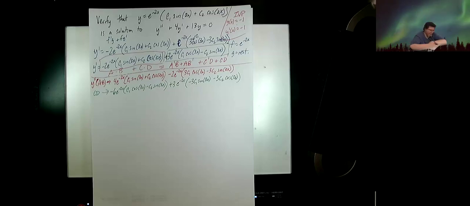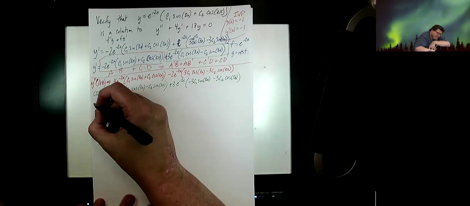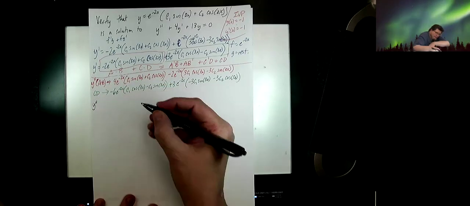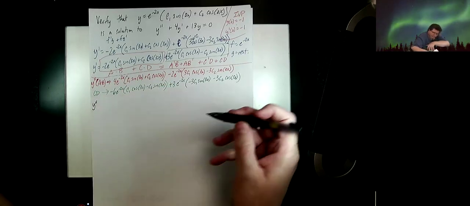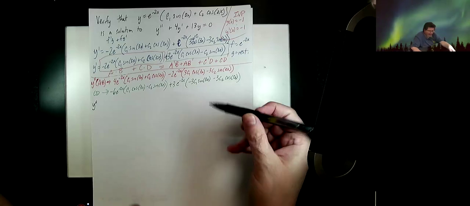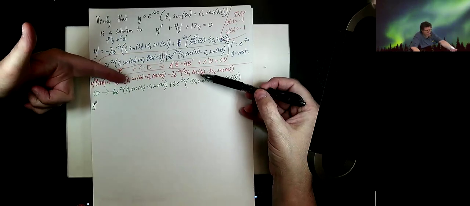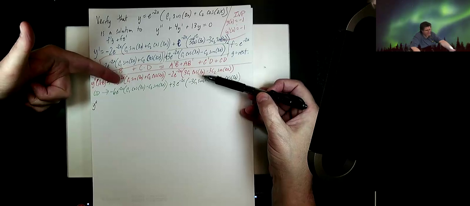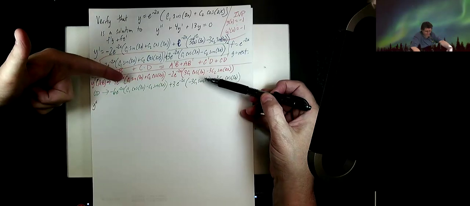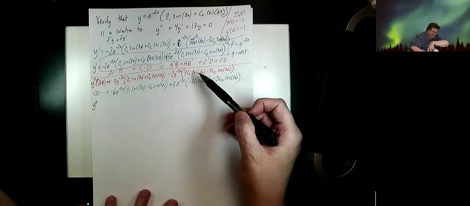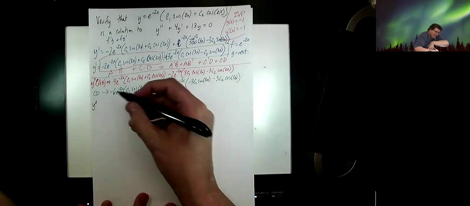All right, so putting this all together. It looks like I have some C1s with e to the negative 2x, and then sine 3x and cosine 3x.